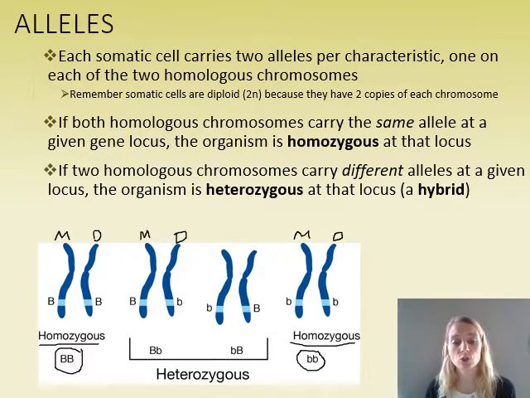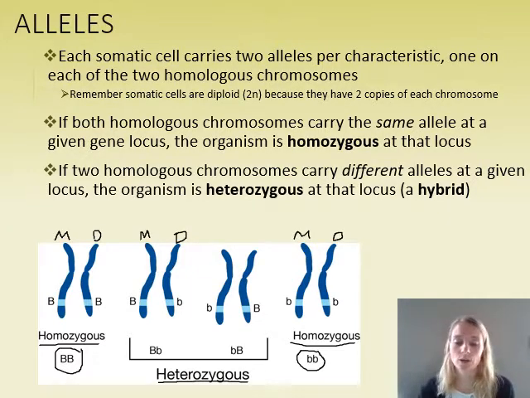When you have 2 different forms of the allele, this is what we call heterozygous, because hetero means different. Homo means the same, hetero means different. So heterozygous are organisms that have 1 of each allele for that particular trait. Now it's showing it twice, but it's both 1 capital letter, 1 lowercase letter.